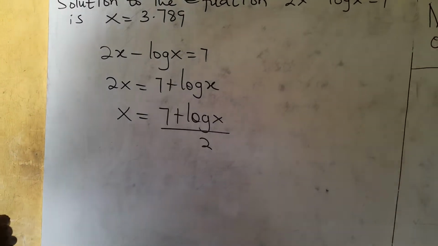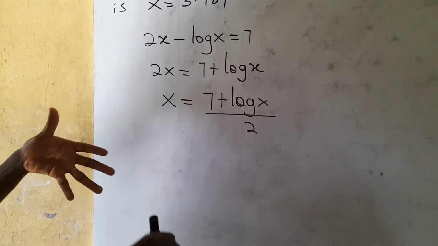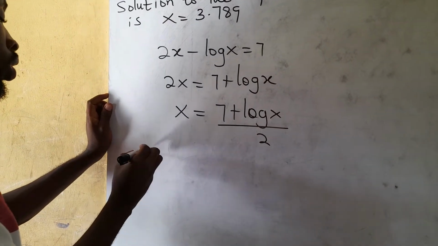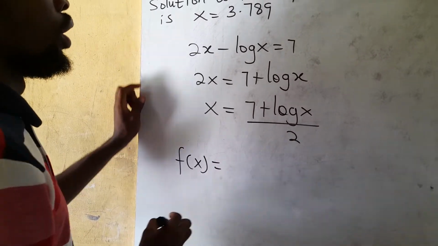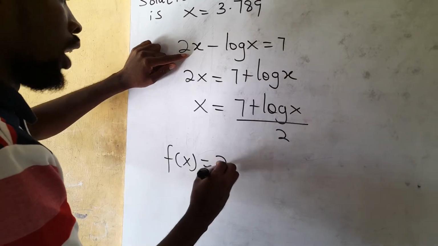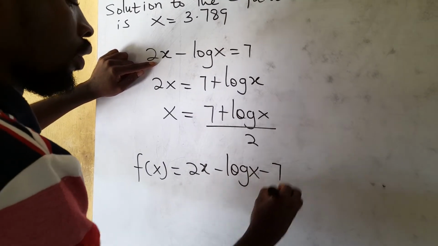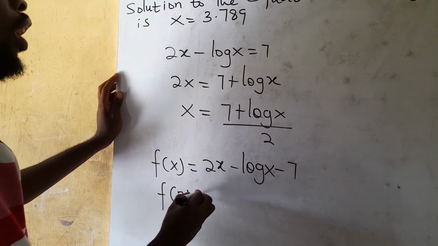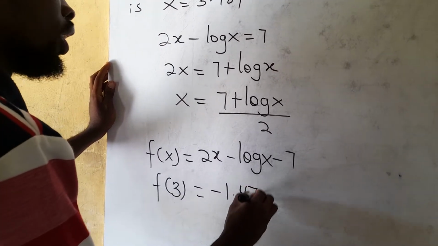What next? We find x naught. x naught will be gotten from the interval using the location theorem. So remember, our f of x can be written from this function as 2x minus log x minus 7. So when we find f of 3, it will give us negative 1.477.